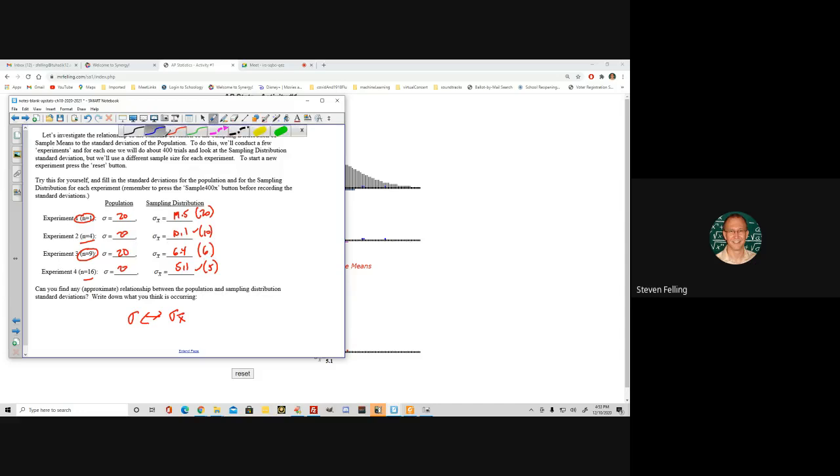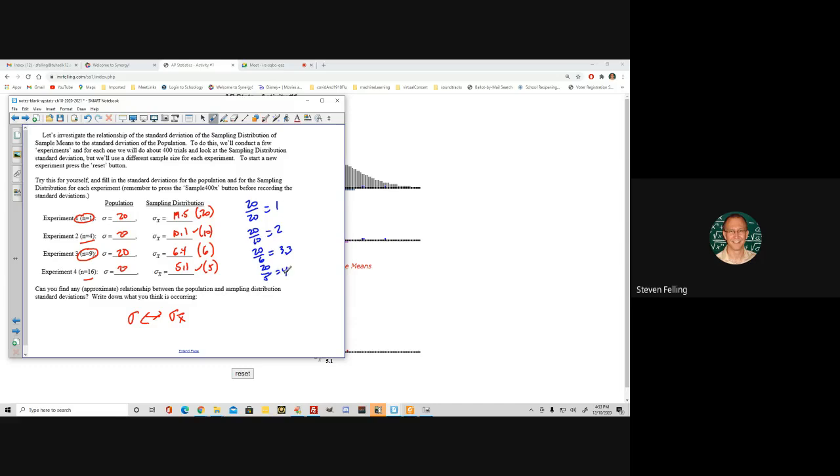Maybe I could try taking one divided by another: 20 divided by 20 is 1, and 20 divided by 10 is 2, and 20 divided by 6, that's 3.3, and 20 divided by 5 is 4. So 1, 2, almost 3, 4. Yeah, maybe we're onto something there.